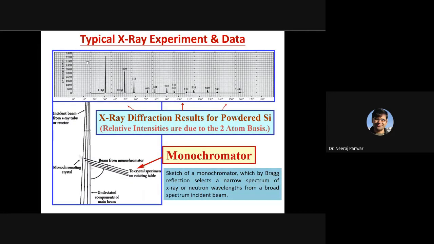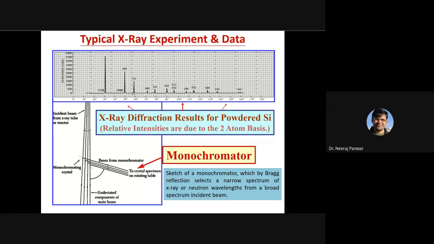This is an X-ray diffraction pattern obtained from powdered silicon samples, and you see we have several sharp peaks which denote particular sets of hkl planes. For example, this peak represents the 311 hkl planes.